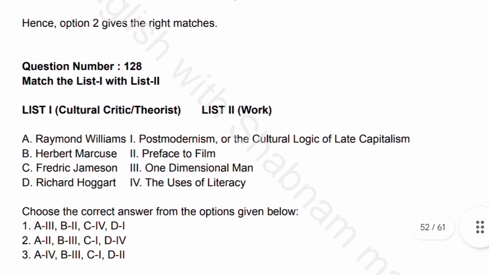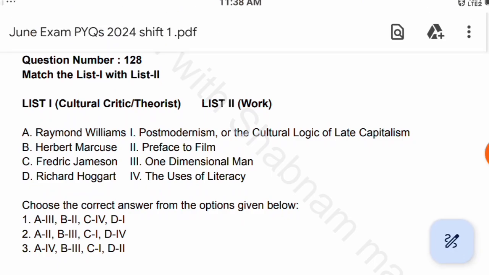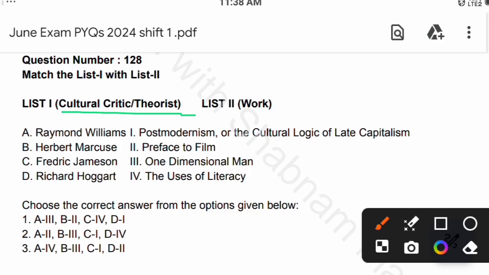Again, there is a matching. Question number 128 you have. Now, the cultural critic, theorist, and in list 2 you have a work. There is a cultural theorist who has given the work. So Raymond Williams, Herbert Marcuse, Fredric Jameson, and Richard Hoggart. What could be the correct answer, everybody?